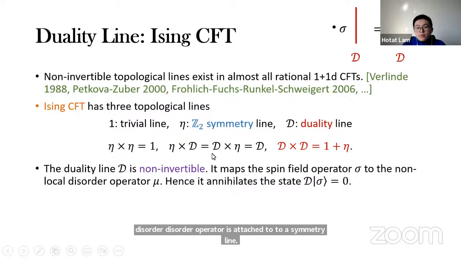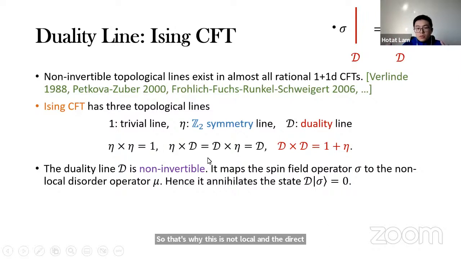A direct consequence is that if we work in Hamiltonian pictures, we can ask how this duality line acts on the Hilbert space. We see that this duality line actually annihilates the states that correspond to the spin field operator. That's why this duality line is not an invertible line. It is a non-invertible action on the Hilbert space.